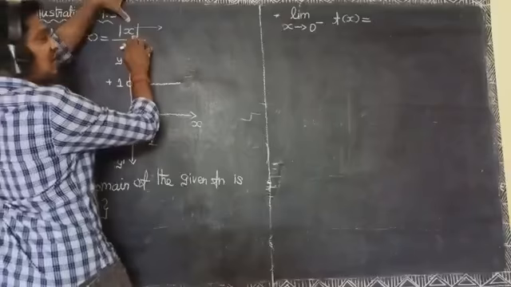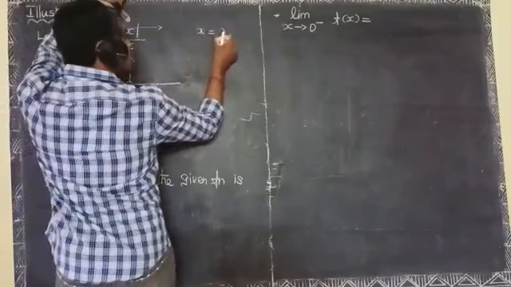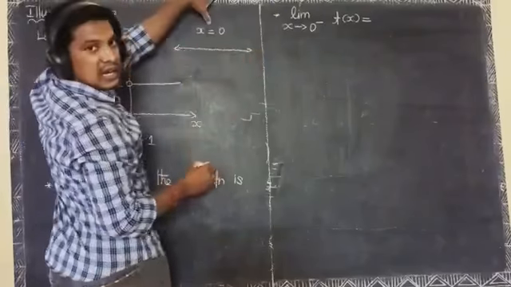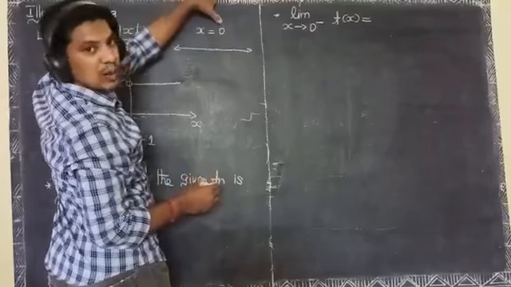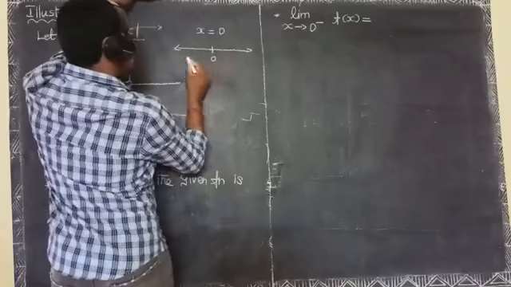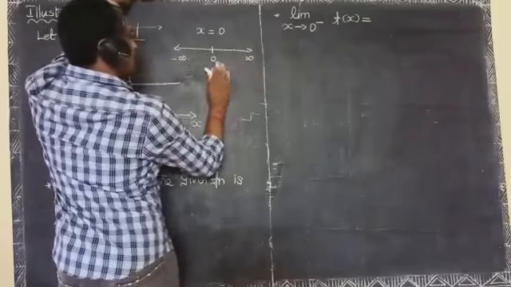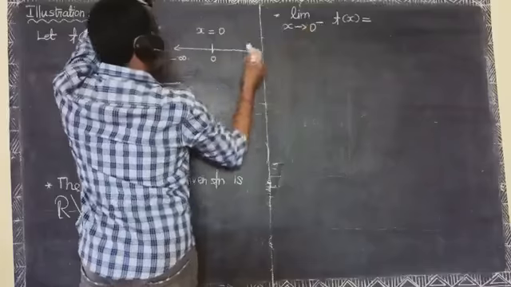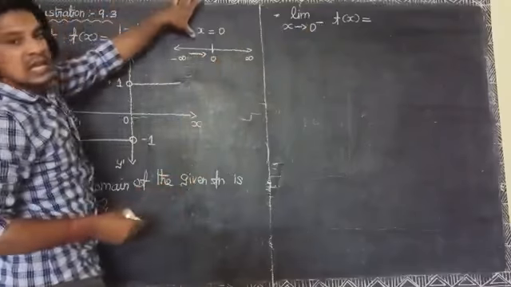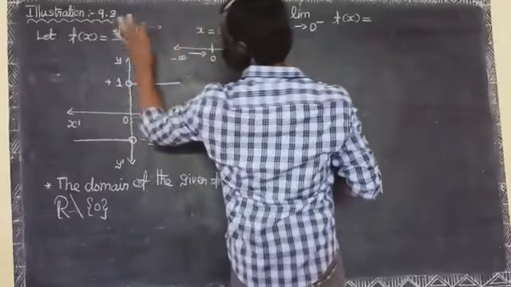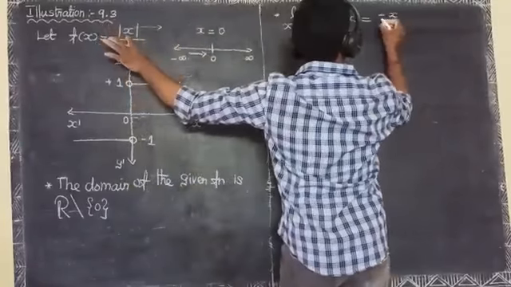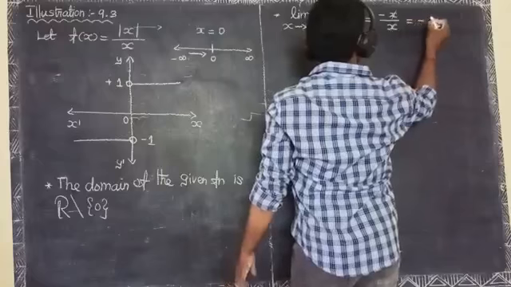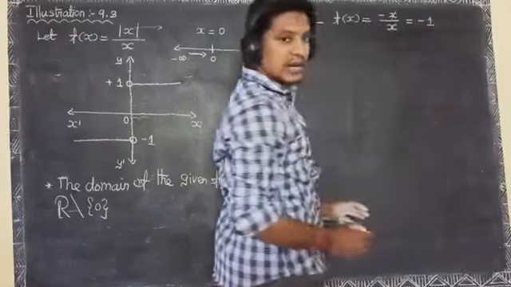Plotting the real numbers with 0, minus infinity and plus infinity, we check x equal to 0 minus, which means approaching from the left side. Here we take minus x divided by x, the x are cancelled, and the value is minus 1.